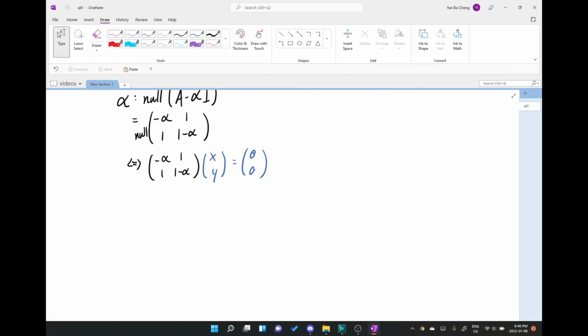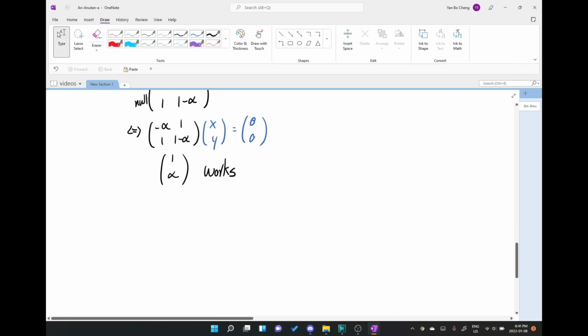And it's not that hard, but I won't do this manually. If you put it into Wolfram or something, you can just find out that if you set x, y as 1 and alpha, this works. That means it is spanned by this vector.